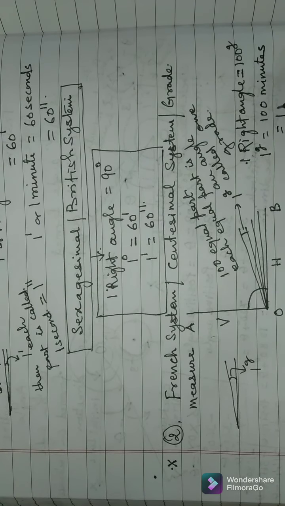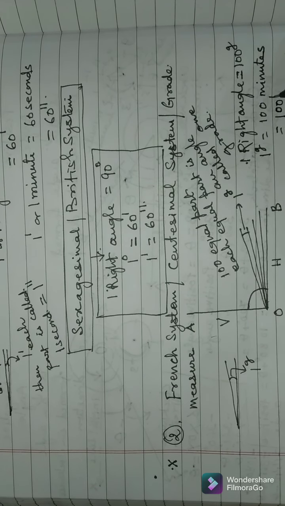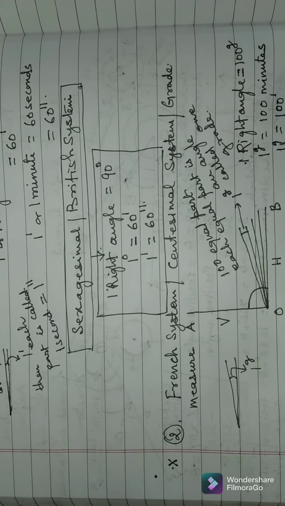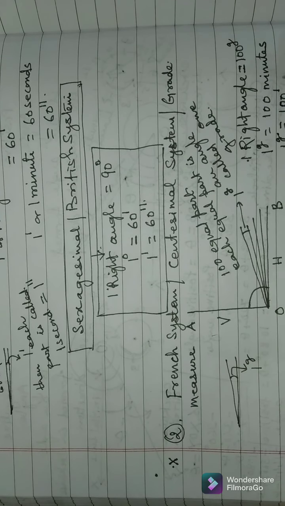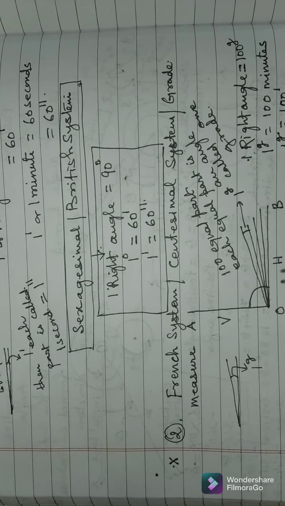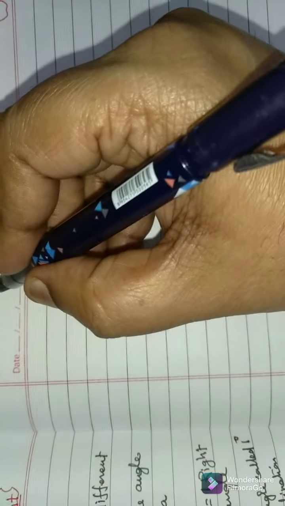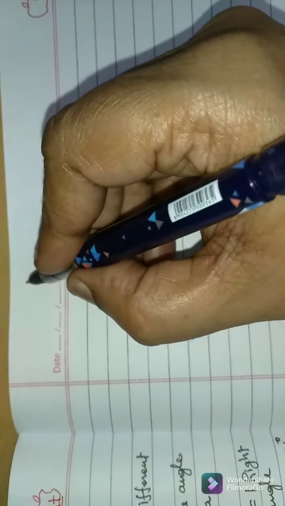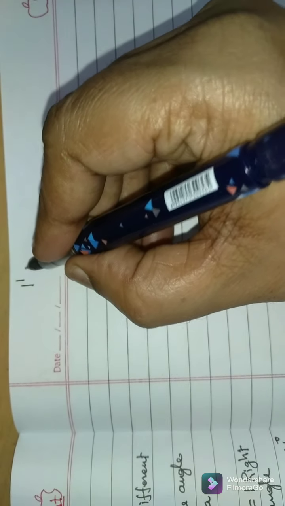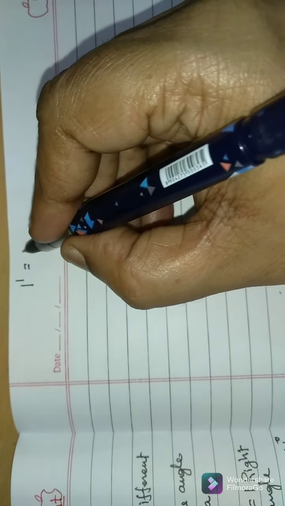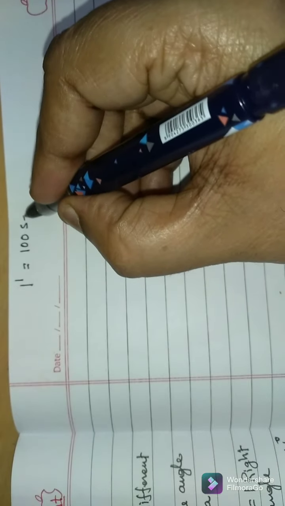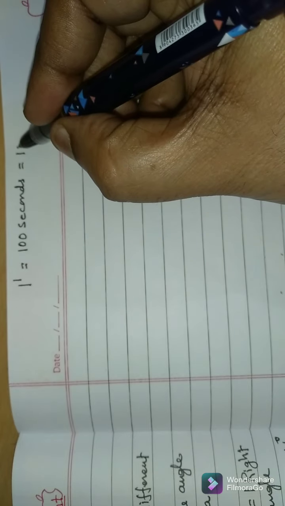Here 100 minutes can be written in the same way, but in this system, this minute is less than the minute of the British system. Next, 1 minute is again divided into 100 equal parts, and each part is called 1 second.